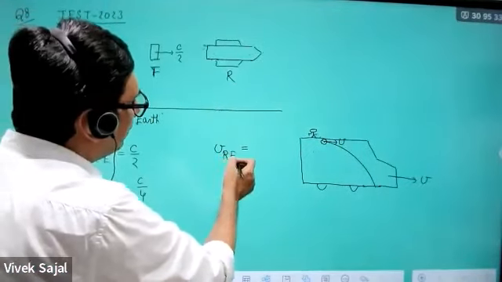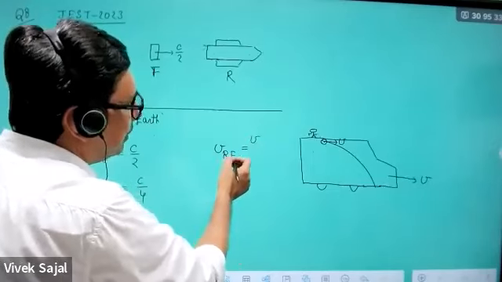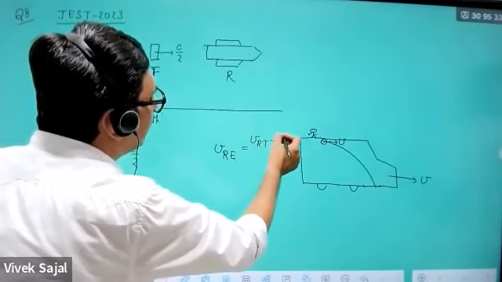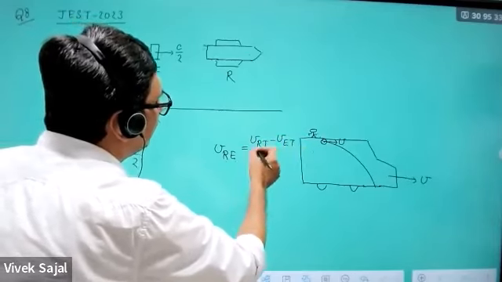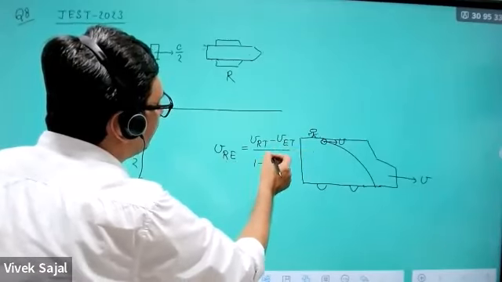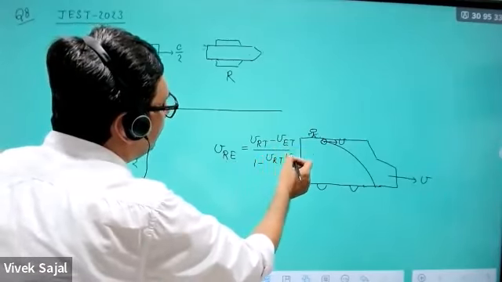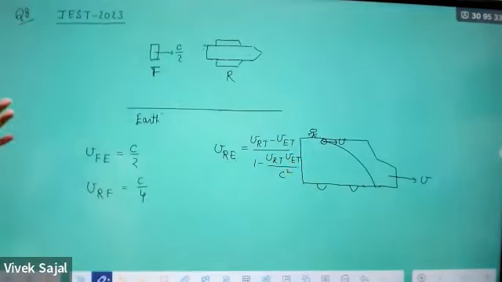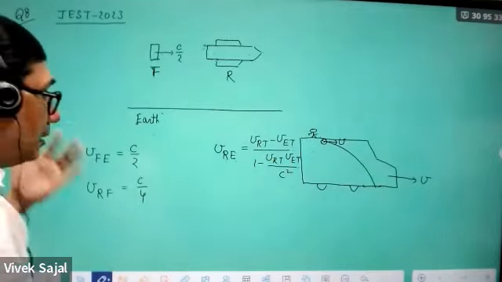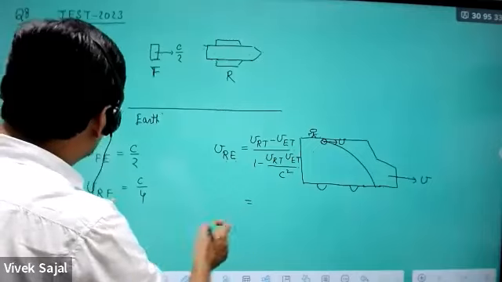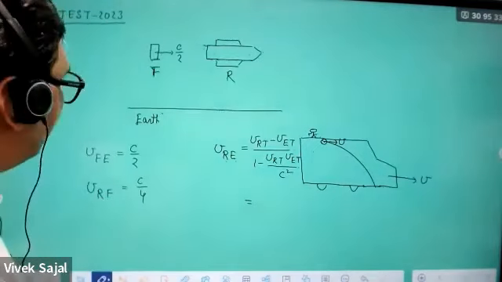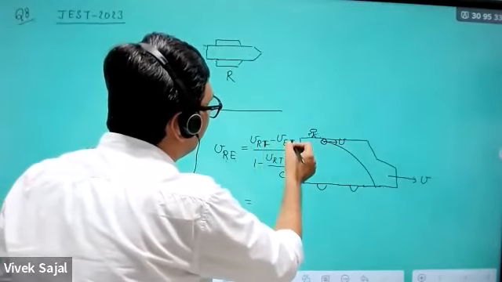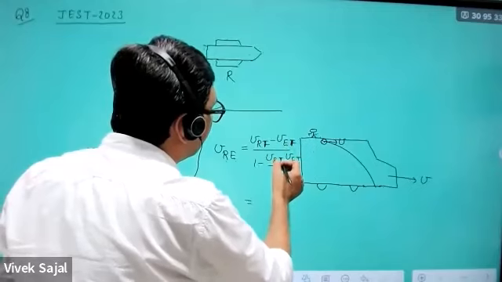So the velocity of the rocket with respect to Earth: rocket is there, Earth is there, tank is missing. So (VRT minus VET) divided by (1 minus VRT VET divided by c square). I'm writing F, sorry, in place of tank I'm writing F. So please make it correct.